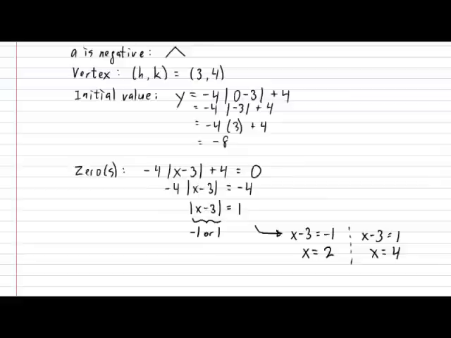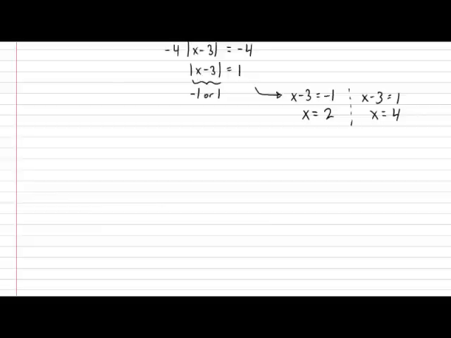So our zeros are located at x equals 2 and x equals 4. And guess what? With all these clues, we are ready to draw this graph. To accommodate all the information that we just found, please pause the video and prepare a grid that's about this size. Go ahead, draw it now.